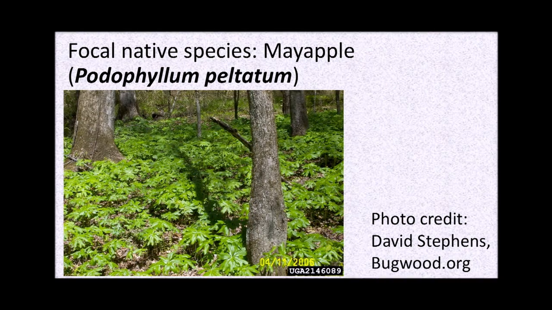It also has relationships with those mycorrhizal mutualists in the soil, so it does rely on those mutualists. And from that, you might think, well, it's common around here, so it might encounter garlic mustard. You might think that it would experience negative effects of garlic mustard, which could poison its mutualists.